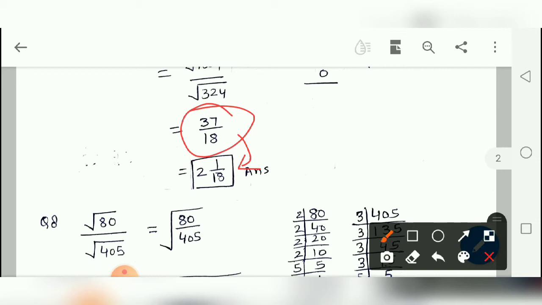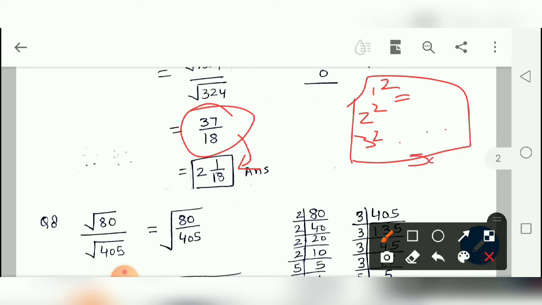Dear students, here I want to tell you that you should take an A4 size paper on which you should write the squares of 1 to 50. That will be your self square table, like you must have prepared the tables of 1 to 30 in the previous classes. Like that you can make a table of squares in which you write 1 square, 2 square, 3 square, up to 50 square.